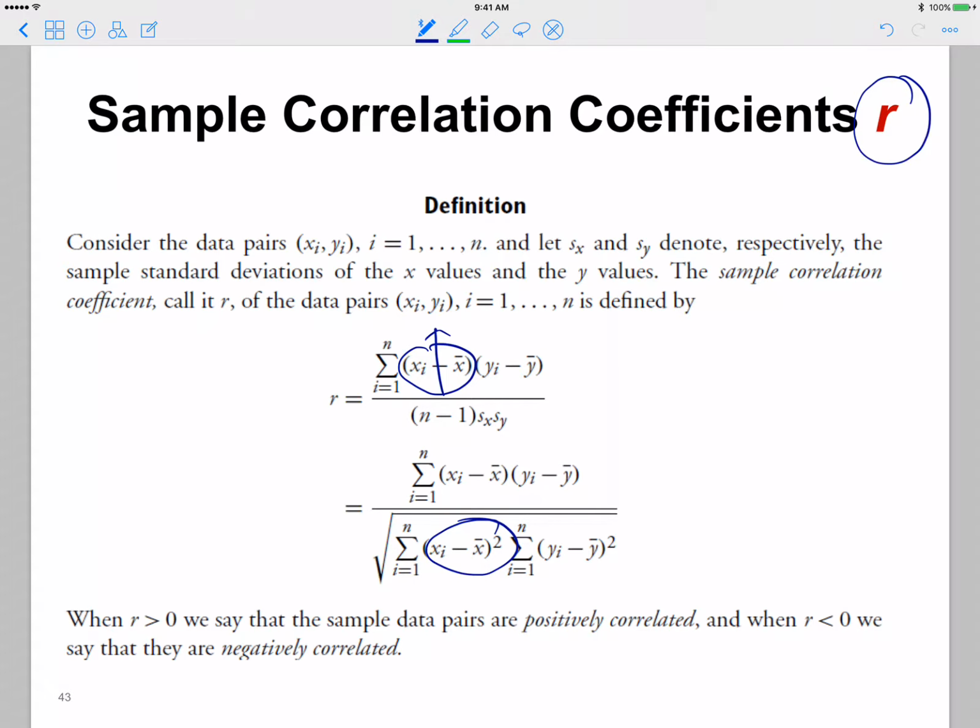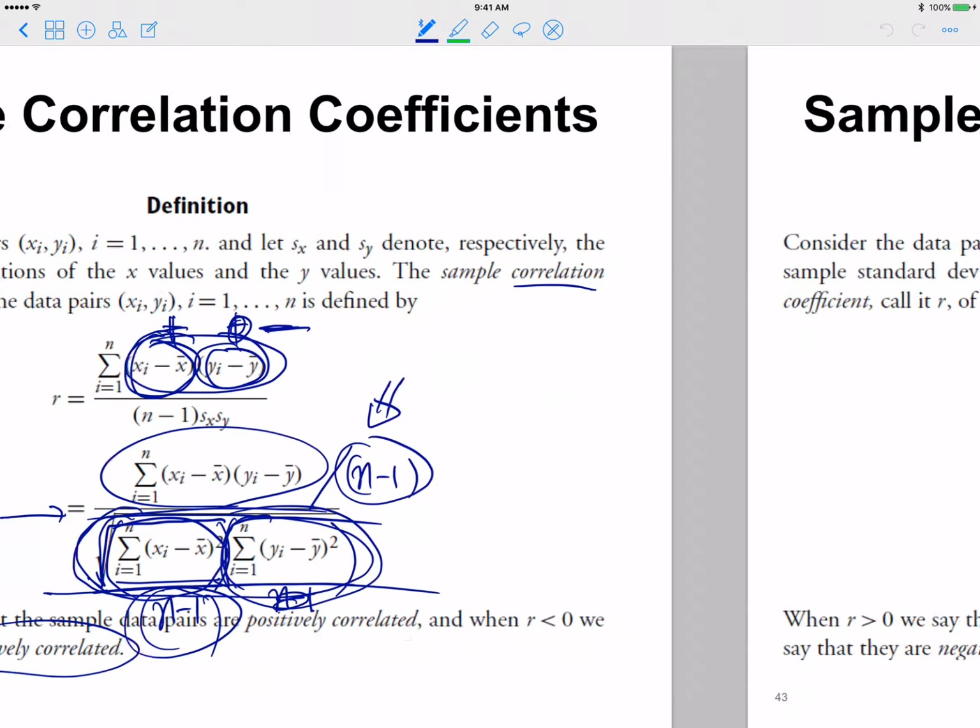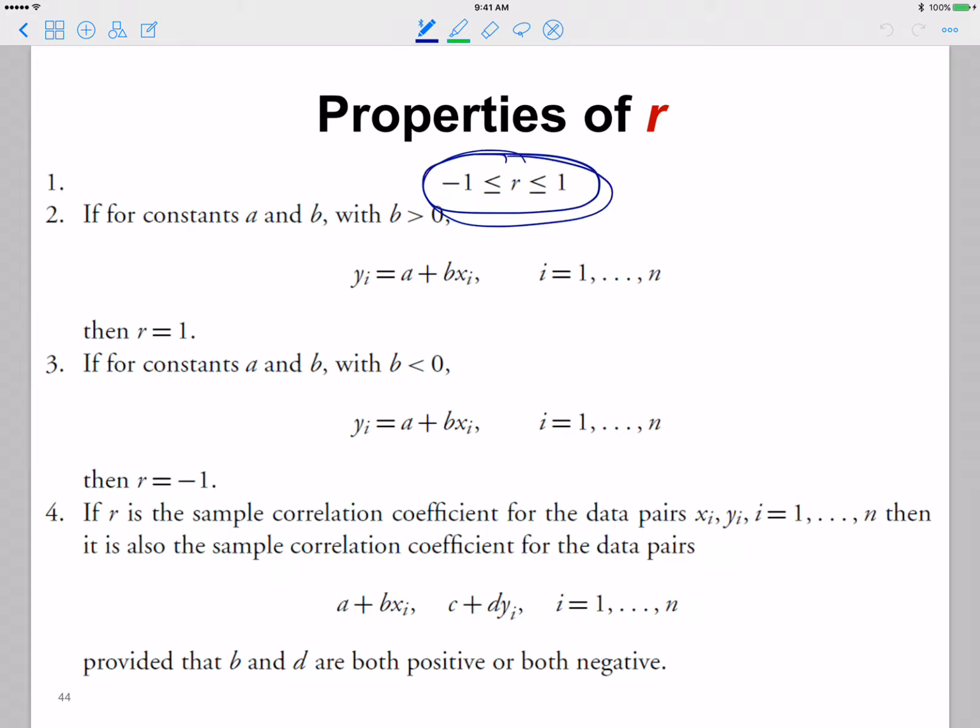So as x increases, the denominator will also increase by the same amount, so it cannot increase into infinite values. So we can prove this value is always between -1 and 1.